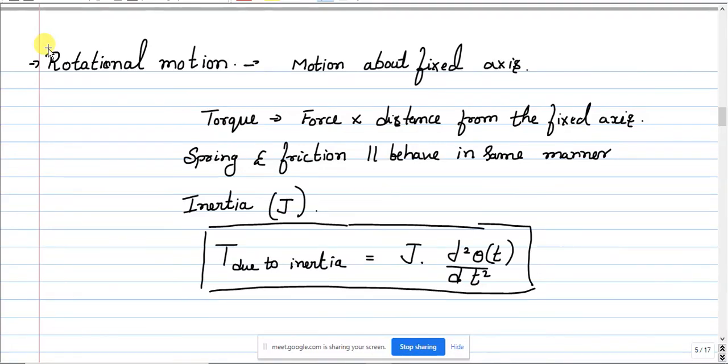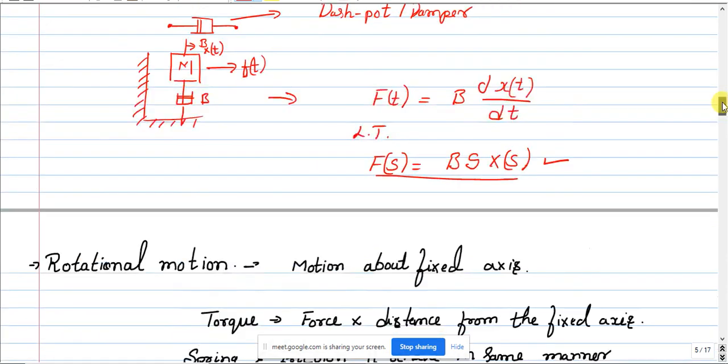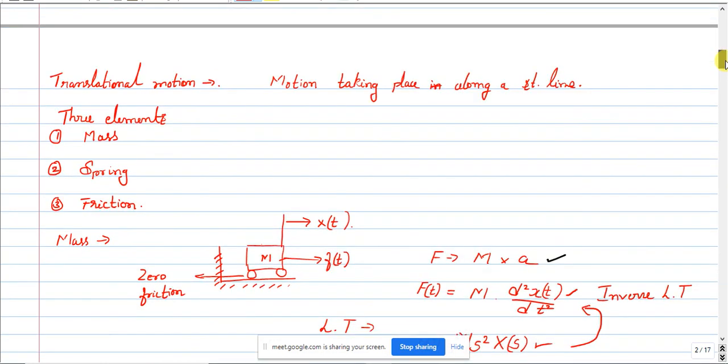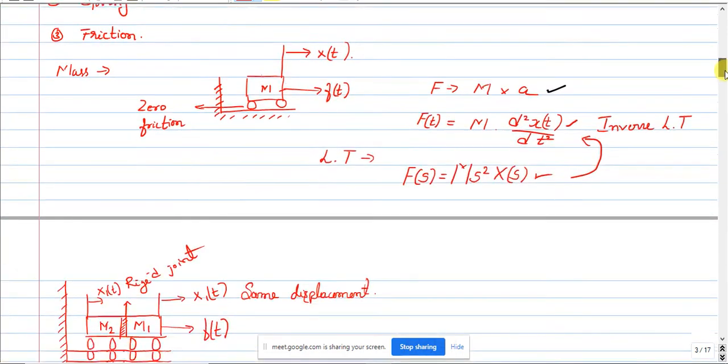Today we shall discuss the mechanical system and its analysis when it is subjected to rotational motion. As you know, when a mechanical system is subjected to translational motion, we already discussed a few parts, the major elements like mass, spring, friction, and its force equation.